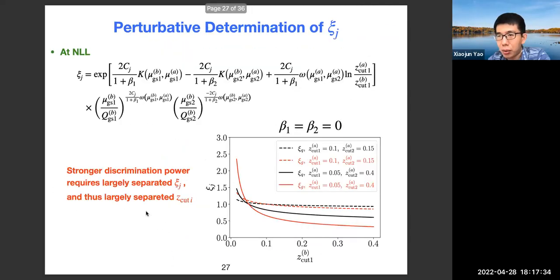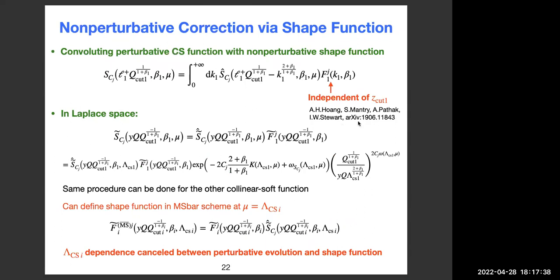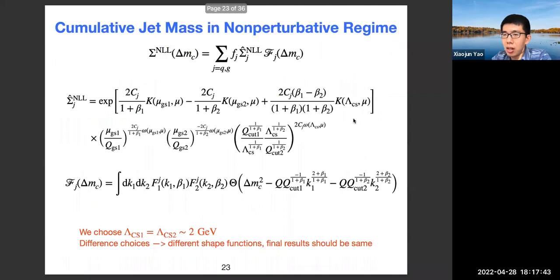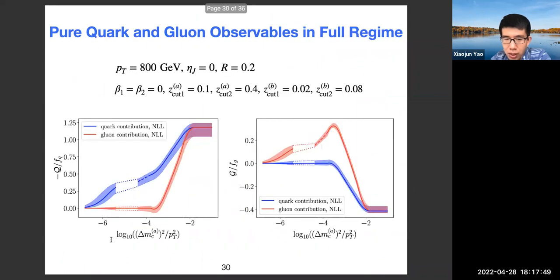You can look at this paper. They talk about both the deep non-perturbative region and the power correction region. We only include the deep non-perturbative corrections, but in this region there could be some power corrections.